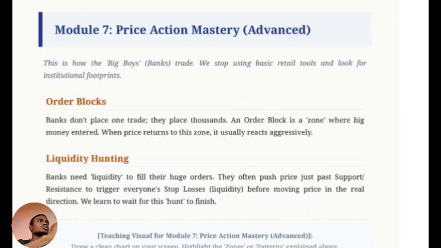When you open the chart, you see a particular point where price returns or rejects. That point where the price returns or rejects is the order block, where the big players are in the market.